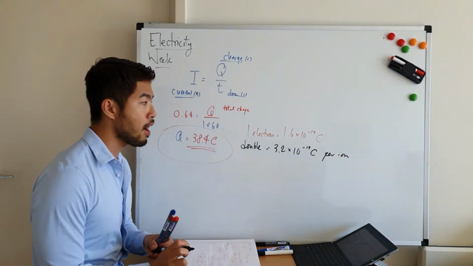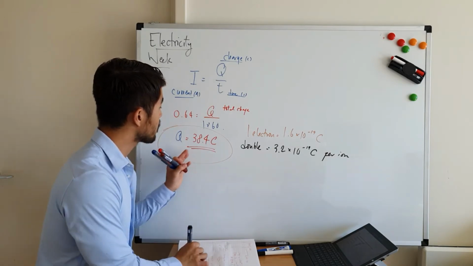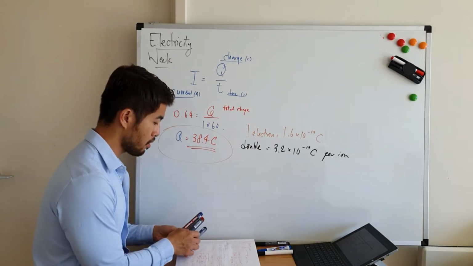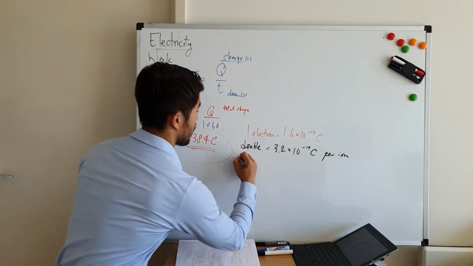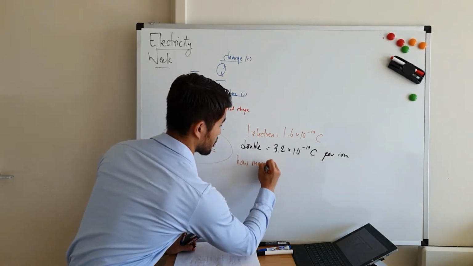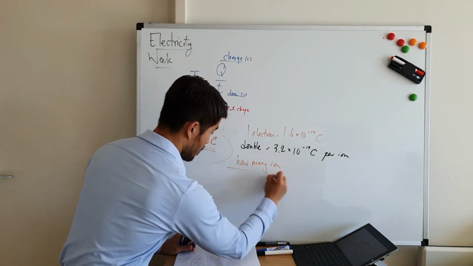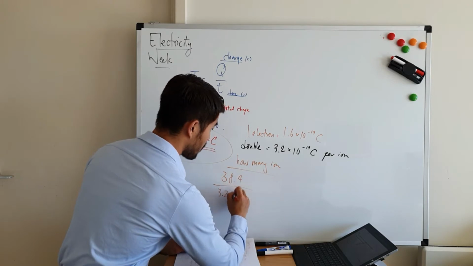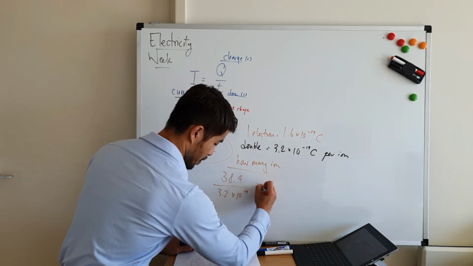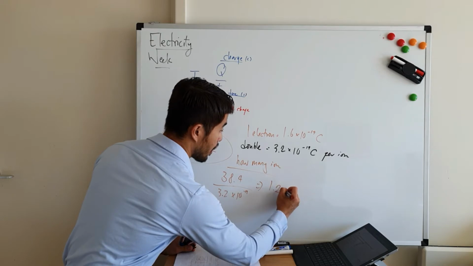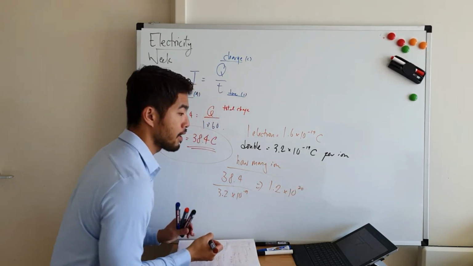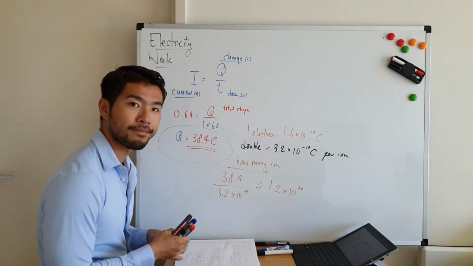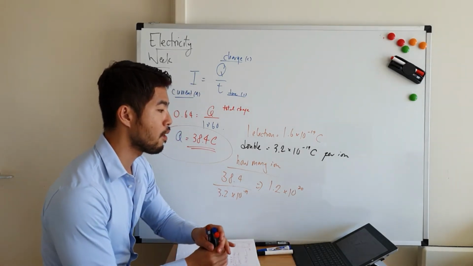If per ion is this many coulombs and total is 38.4 coulombs, then the number of ions will be 38.4 over 3.2 times 10 to the power minus 19. This gives you 1.2 times 10 to the power 20 ions, which is C. Alright, so that's question 1.